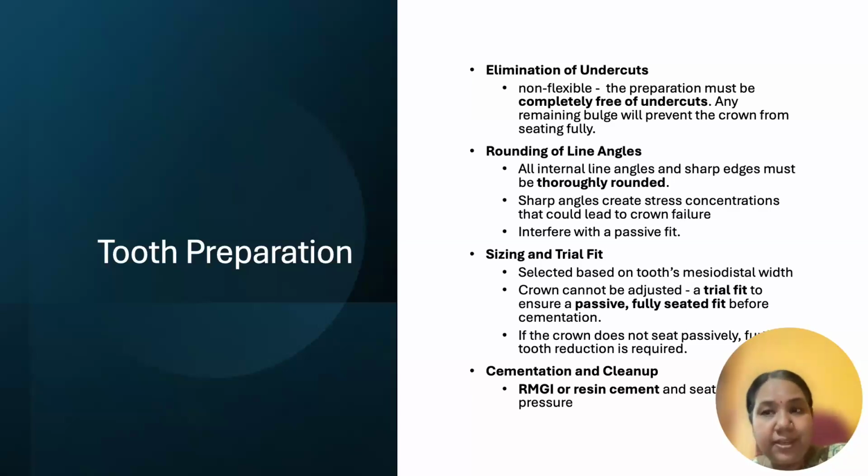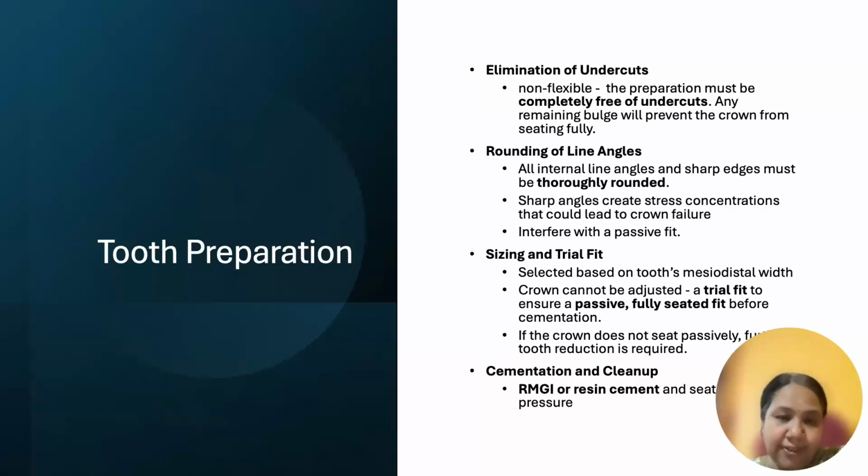We have pink color specialized trial crowns which are available. So make sure that you select the crown based on the mesiodistal width of the tooth, and then adjust it. You will have to adjust the tooth to the crown because the crown cannot be adjusted. So ensure a trial fit in such a way that it is passive and fully seated before you go ahead and cement it.